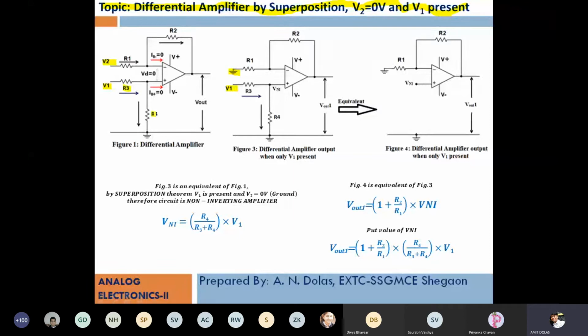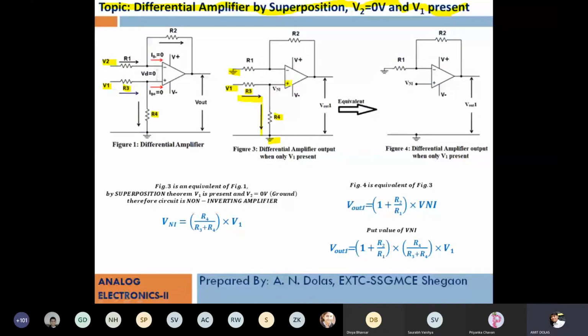So current will pass due to the source. Source is at say positive potential and this is ground. Of course, current will pass through R3 in this direction, because no current will pass into the non-inverting terminal or inverting terminal. Now here you cannot say what mode of operation is there in figure 3.